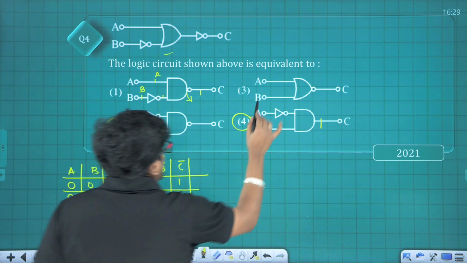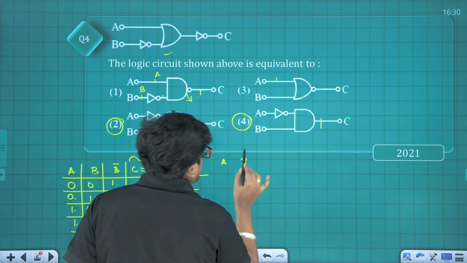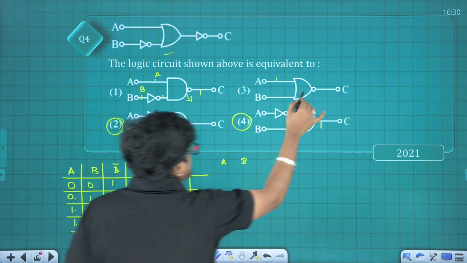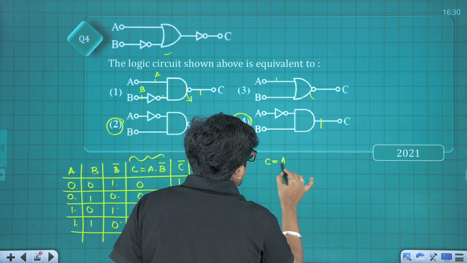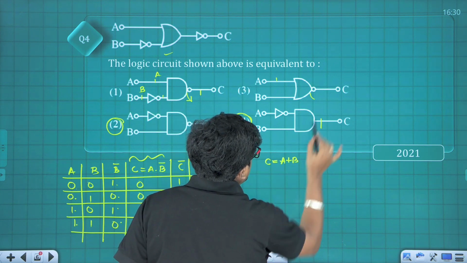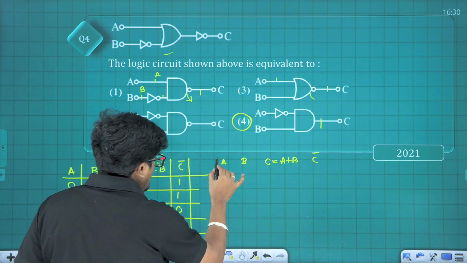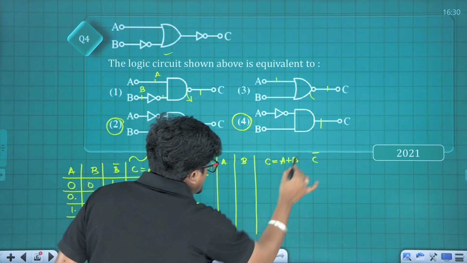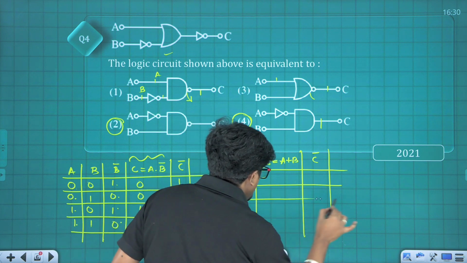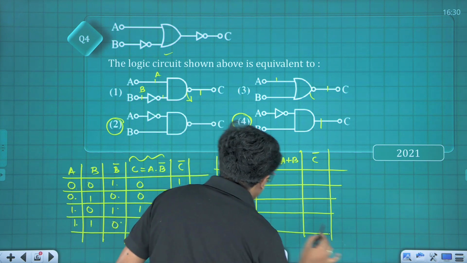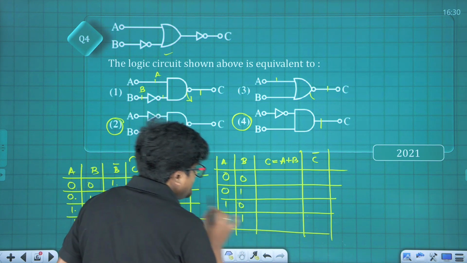Now come to this. Here, of course, A is there, B is there. Then C is equal to A plus B, and while coming here it's going to be C bar. Now let's get the truth table for this. 1, 2, 3, 4: 0, 0, 0, 1, 1, 0, 1, 1.